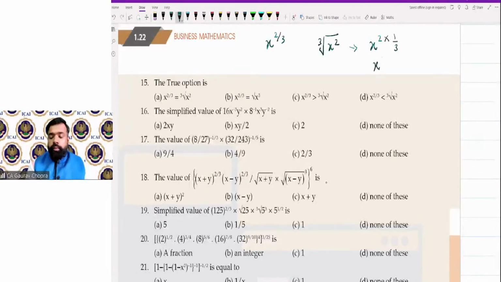So it is nothing but 2 by 3. So which is correct? Option number A. So x to the power of 2 by 3 is exactly equal to cube root of x square. Okay.